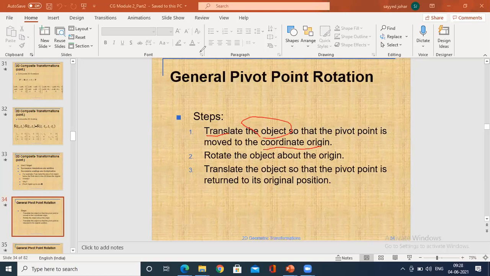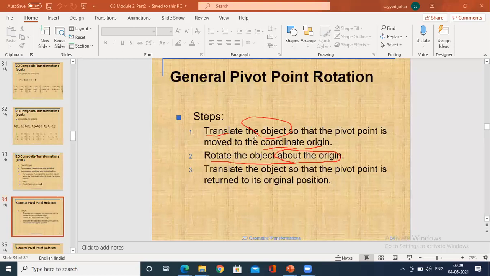Once you move there, you rotate the object about the origin. This is important. How do you rotate about the origin?